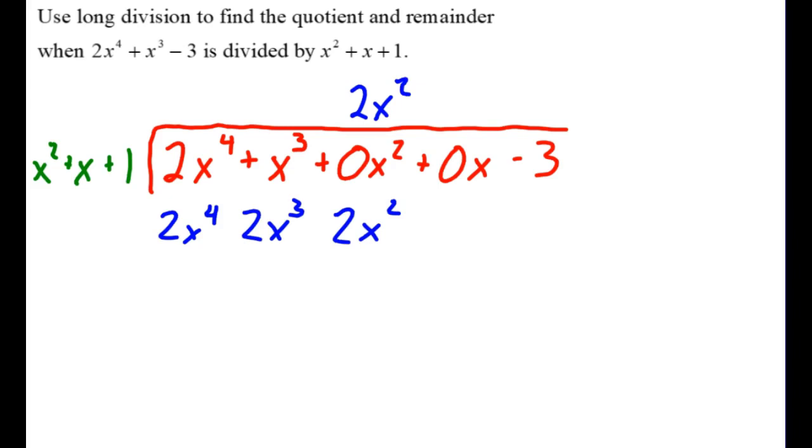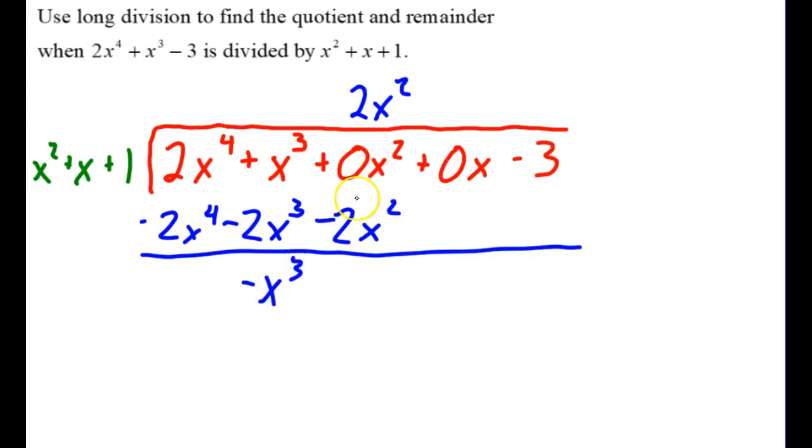And we're subtracting all of those values, so all of these become negative. Now add vertically: 2x to the fourth minus 2x to the fourth is 0. We have an x cubed minus 2x cubed, which is negative x cubed. And then 0x squared minus 2x squared is negative 2x squared. And then bring down everything that follows.